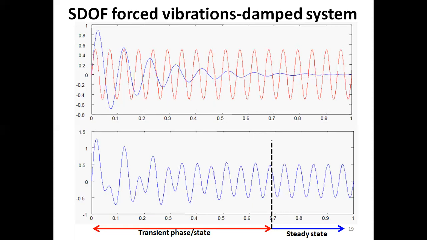if you operate the system and it starts vibrating, in the beginning the vibration would be a little bit violent. You could see the amplitude of vibration is too much as compared to the amplitude of vibration in the steady state region.